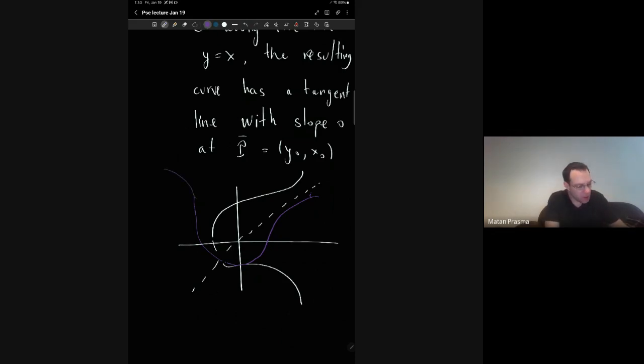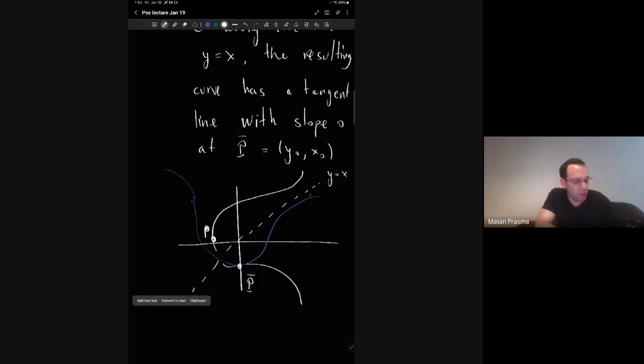Okay, so this is the point P, and this is the point P bar when I reflect it along the y equals x. If the purple curve has a tangent line with slope 0, that means the purple would have derivative 0.